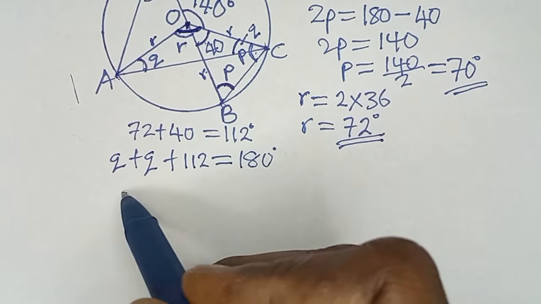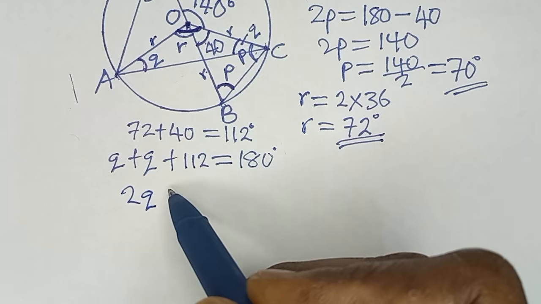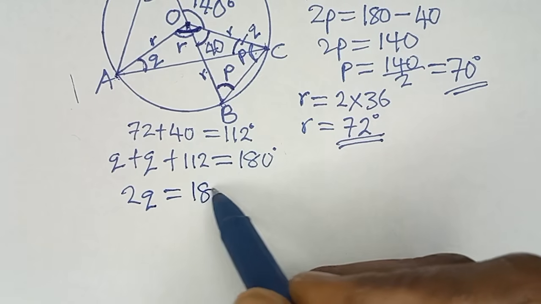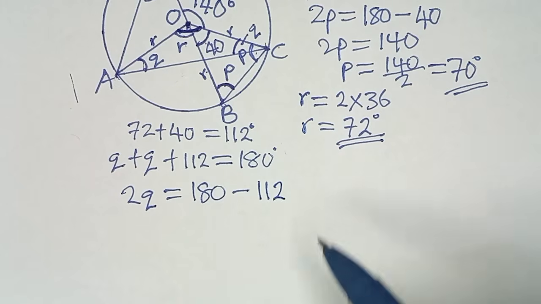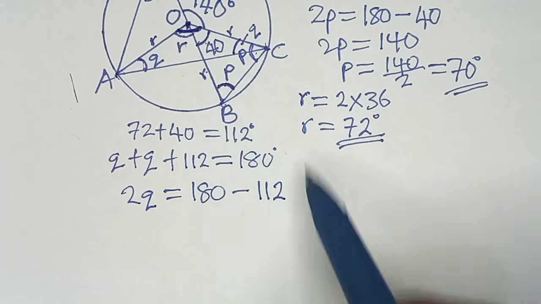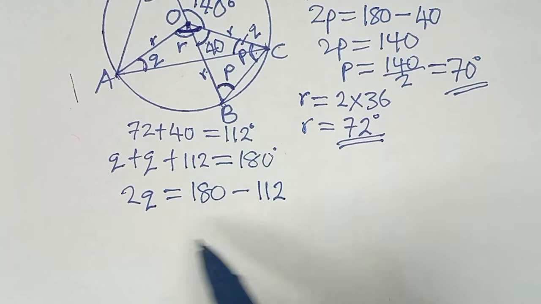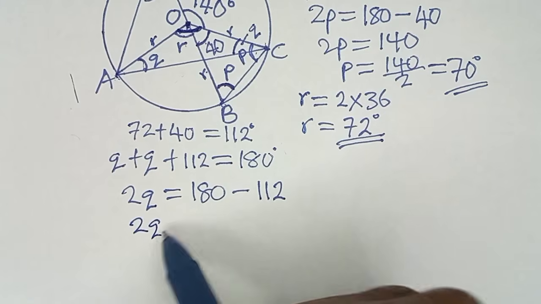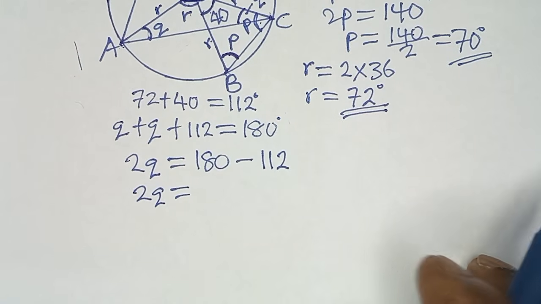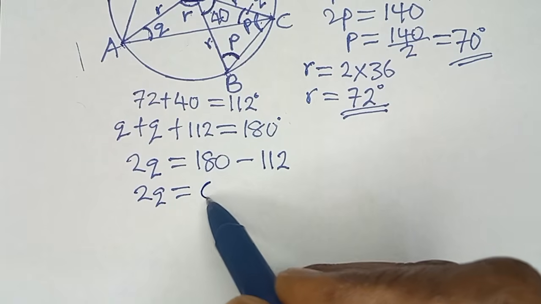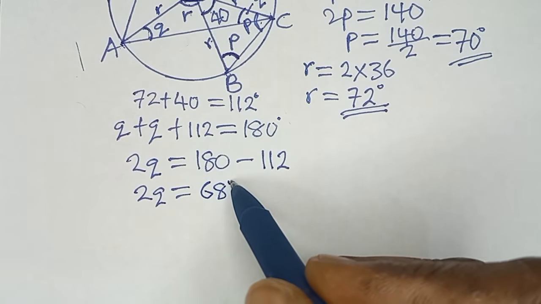So I can now say 2Q is equal to 180 minus 112 degrees. That is, when this plus 112 comes to this side, it becomes minus 112. So 2Q will be equal to 180 minus 112, which gives us 68 degrees.